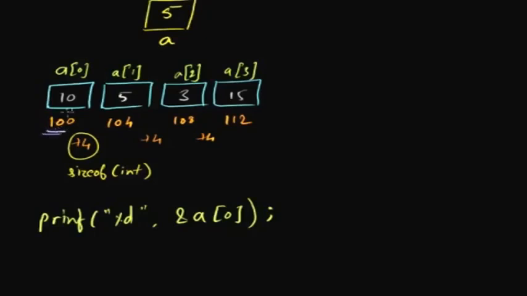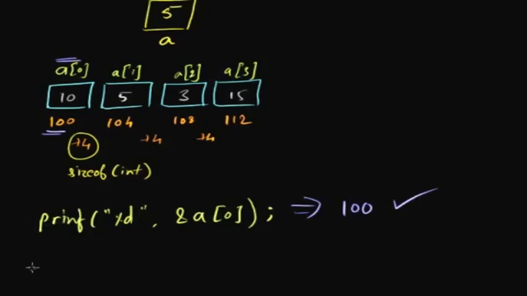A of 0 is this memory cell, and the address of a of 0 is nothing but an integer. So with %d, we are printing the address of the first element of an array. So we can guess that this output will be 100, and this is absolutely correct.